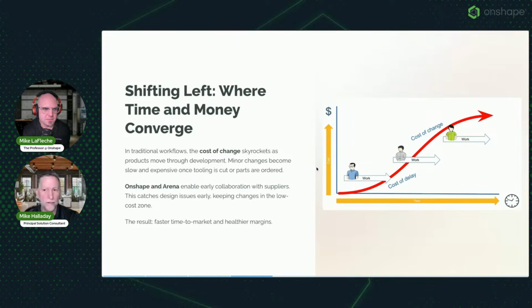If they find an issue with the design, something that needs to be changed, looking at the graph, you find that after those processes happen. So it's necessary that within PLM, as you're working through this process, you can get those suppliers and contract manufacturers involved early. So the ability to collaborate early on those designs using PLM is really important in shifting that to the left, where the costs are still low.